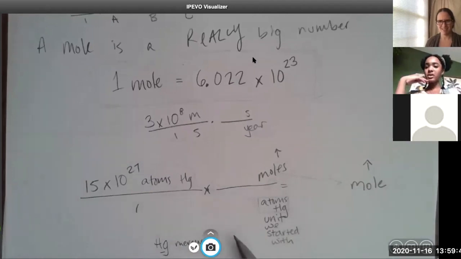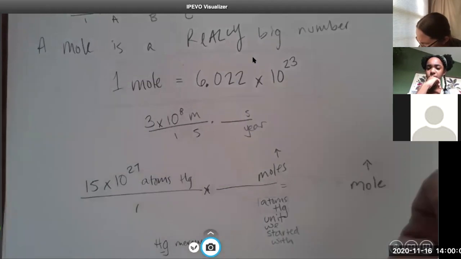We put 1 on the top, and then on the bottom, well, I'm not quite sure what the conversion to atoms is, so I wouldn't know what number to put there. Yeah, it's a good question.